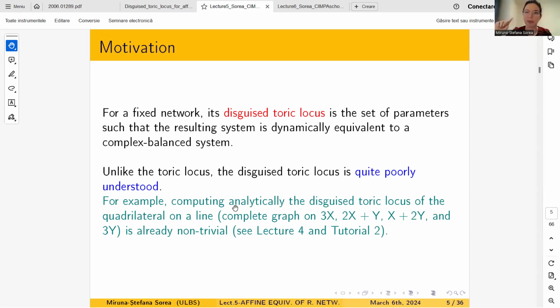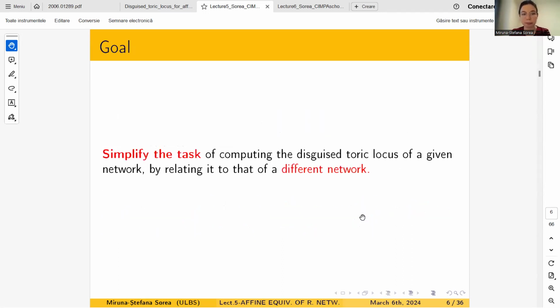If you remember, there were those reactions that had 1 reaction per source, and even for the last chamber, there were some other nonlinear conditions that the parameters had to satisfy, and so on. We'll see in the tutorial. So it's quite involved even for such a simple 4 vertices on a line, but doable. So now we want to simplify the task of computing the disguised toric locus. How? We relate the locus to a different network.